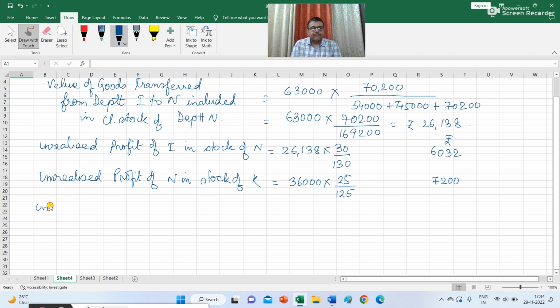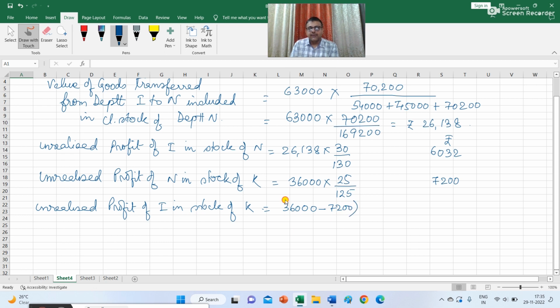Now unrealized profit of I in stock of K. Since there was a transfer made by Department I to Department N and from Department N to Department K, this means that the closing stock of Department K includes a quantity of goods transferred by Department I. So the unrealized profit of Department I in the stock of K will be calculated as 36,000, that is the closing stock of Department K, minus 7,200.